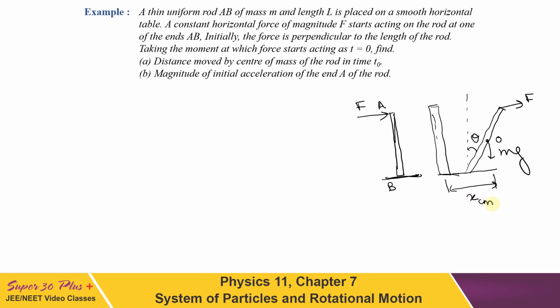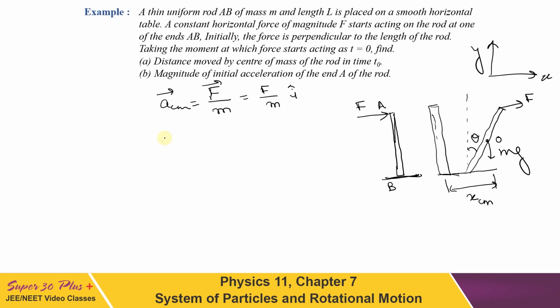And this displacement, because the center of mass has been displaced, let that be xcm. Now I am writing the acceleration of center of mass. Because only one force is there in the horizontal direction, it has to be F upon m. If I write in vectorial representation, it can be written as F by m i. This direction I have taken as x, this one as y.